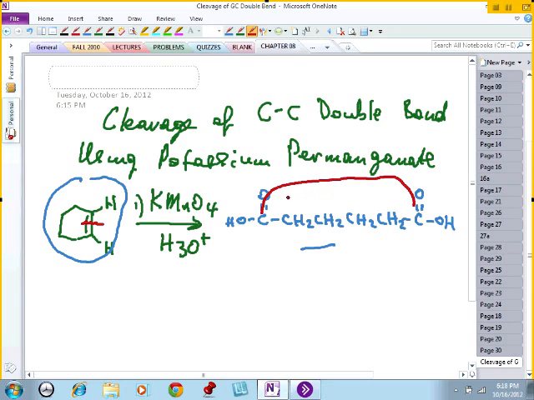And then I will say, okay, if that is the case, you have this double bond here, and then you ask yourself, how many carbons do you have in the ring? This is carbon 1, 2, 3, 4, 5, 6. That tells you that is a 6-member ring, which is what this is.